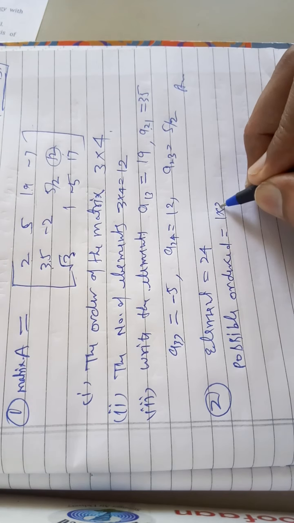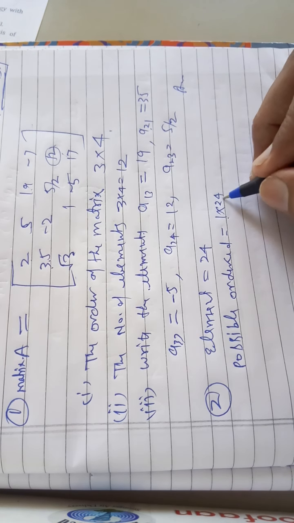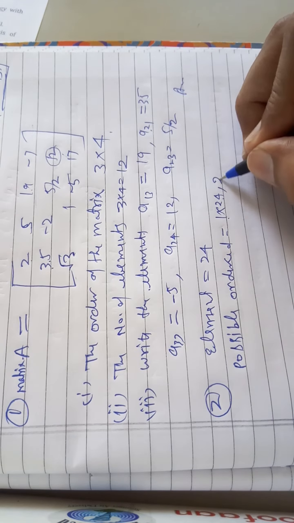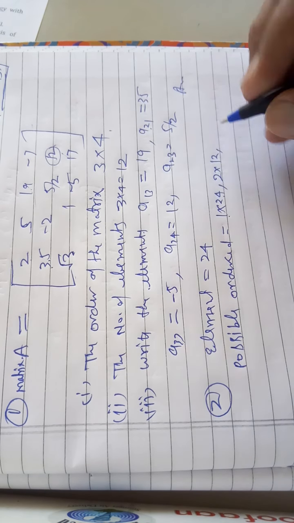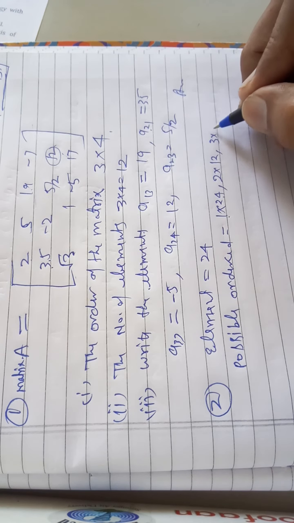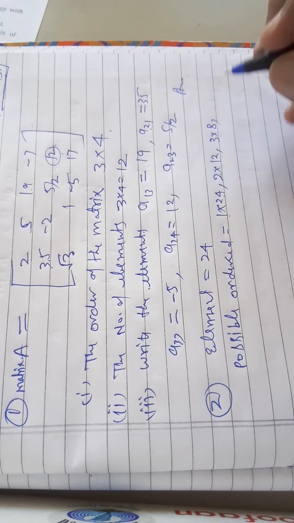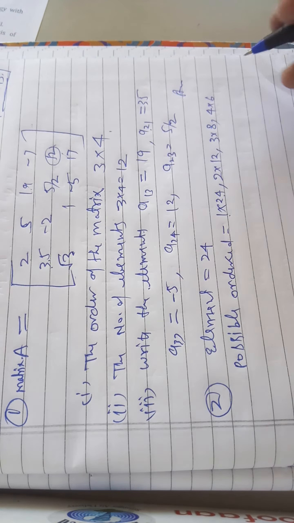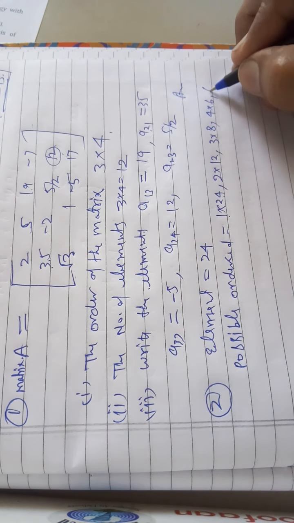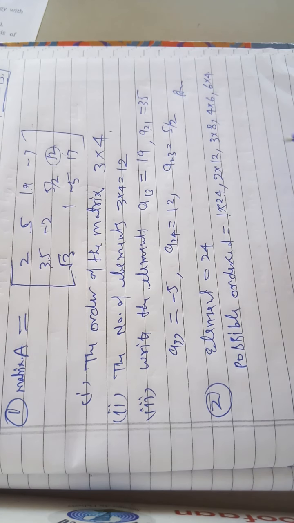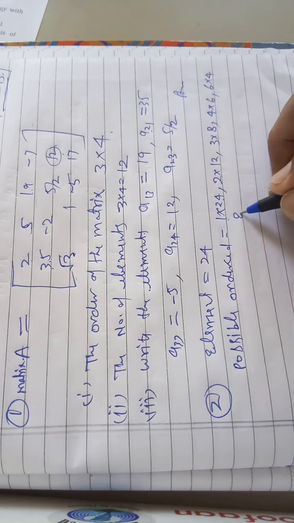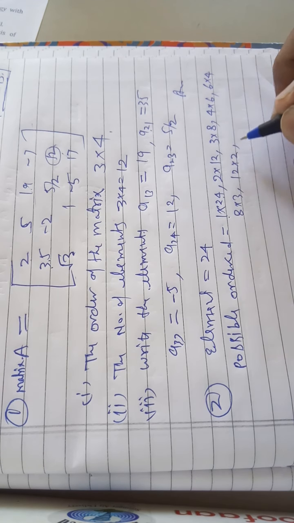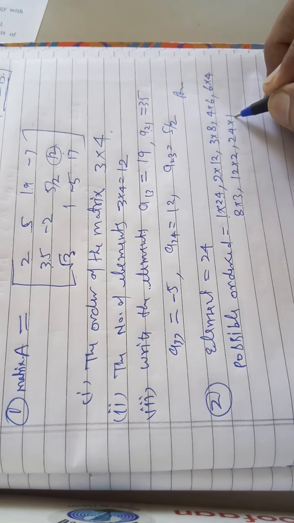So 1 into 24 means 1 row and 24 columns can make a matrix. And 2 into 12, 3 into 8, 4 into 6, 6 into 4, 8 into 3, 12 into 2, and 24 into 1. Clear?